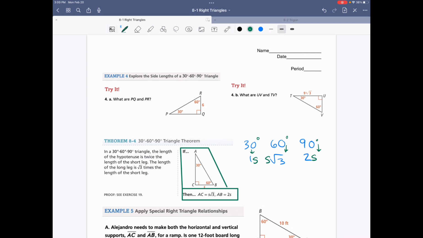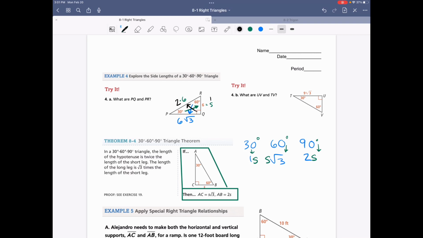And in the try it, we have 30 pointing to 6. Well, 6 is the smallest of the ratios, so 30 points to 6, which is this S. And then I want to say my song, 30, 60, 90, 1, which is this, root 3, which is this, but I have to put the 6 in front of it because that's my side, root 3 and 2, and then 2 I have to put with my S, which is 6.